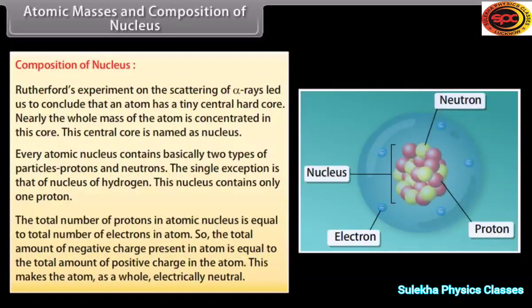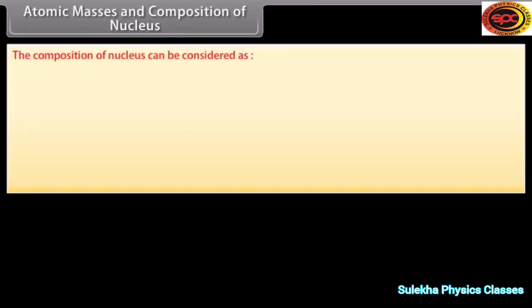The total number of protons in the atomic nucleus is equal to the total number of electrons in the atom. So, the total amount of negative charge present in the atom is equal to the total amount of positive charge in the atom. This makes the atom as a whole electrically neutral. The composition of nucleus can be considered as follows.